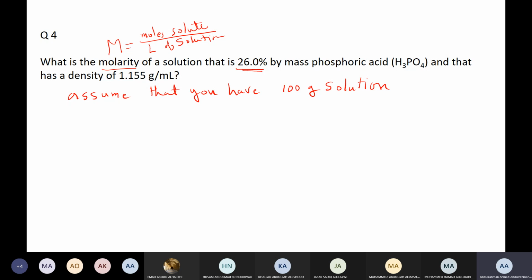Okay, if you have 100 gram of solution, how many grams of H3PO4 do we have? 26. And how many grams of water? 74, exactly, gram. Good. Now, first, the 100 gram solution, can you change it to liter?